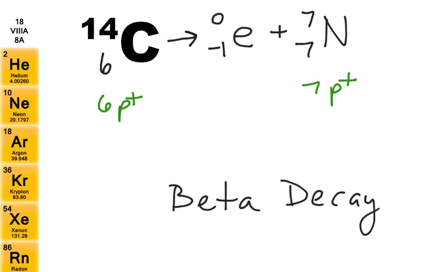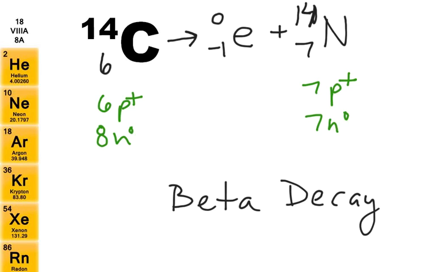And I made a little mistake here. Let me fix this. Okay, this up top should be 14, not 7. Now, because the carbon weighs 14 and it has 6 protons, it must have 8 neutrons. And the same thing with our nitrogen, because it has a mass of 14, it must have 7 neutrons, because 7 and 7 is 14.